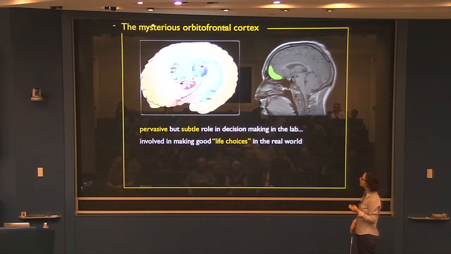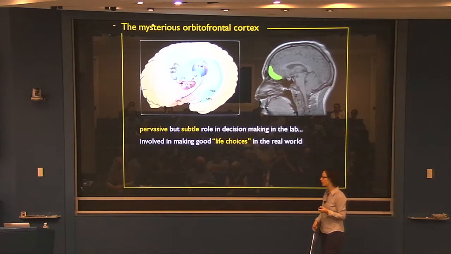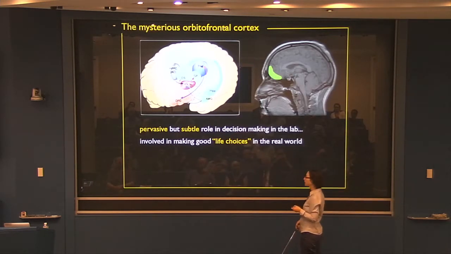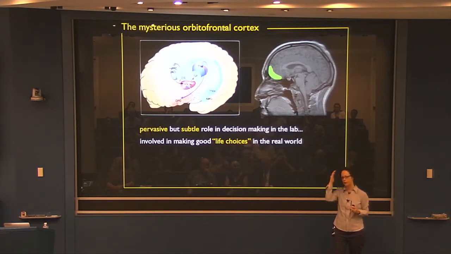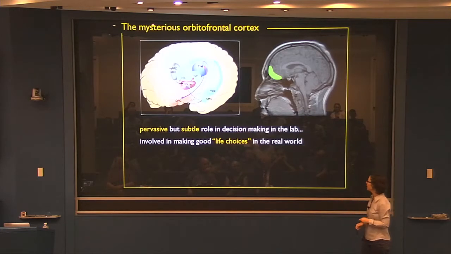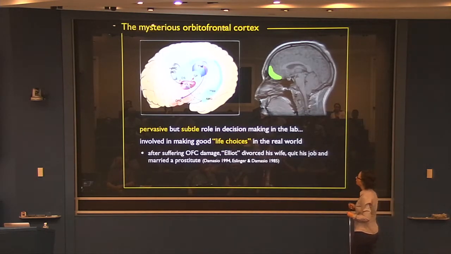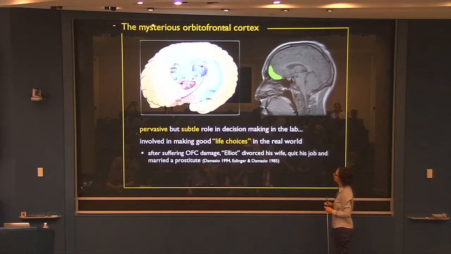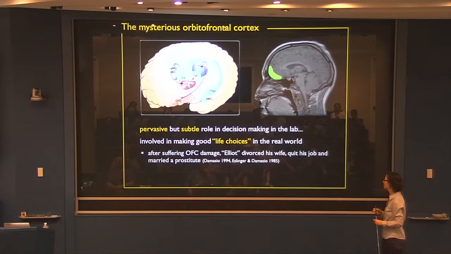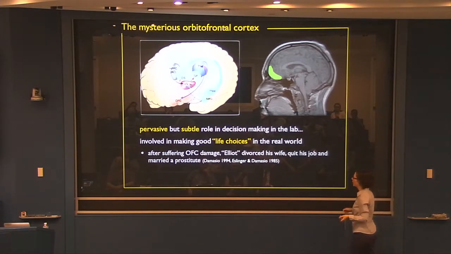And in the real world, it seems like this area is involved in making good life choices. So many people, unfortunately, get lesions in their orbitofrontal cortex. It's an area that gets easily damaged by car accidents. And Antonio Damasio and his colleagues described a patient named Elliot, who after he suffered damage to the orbitofrontal cortex, divorced his wife, quit his job, and married a prostitute.